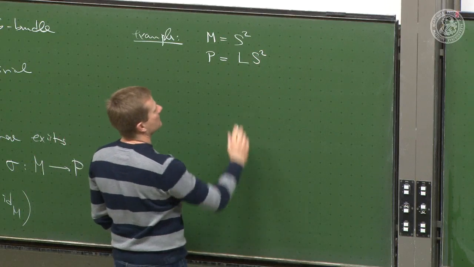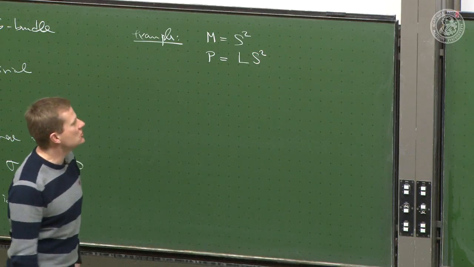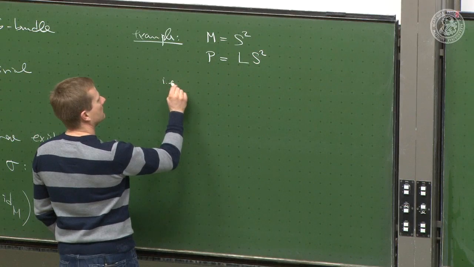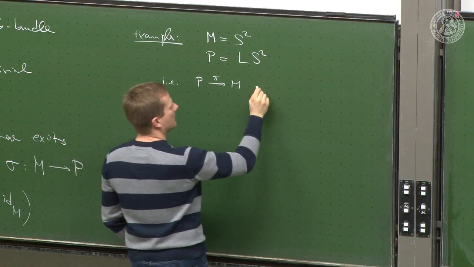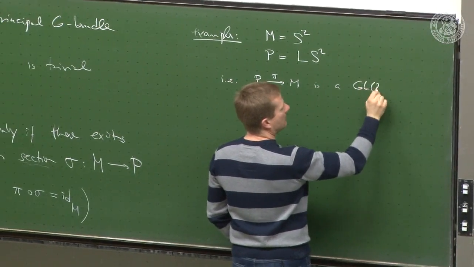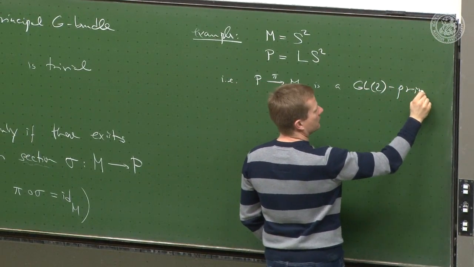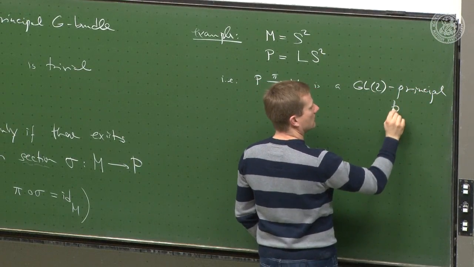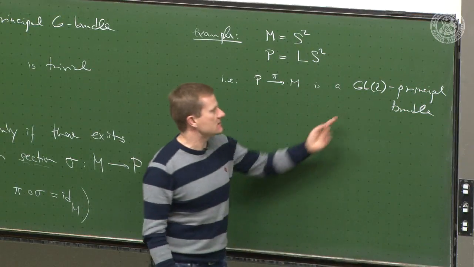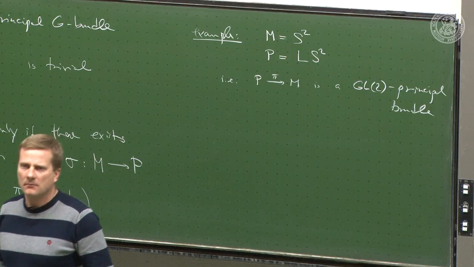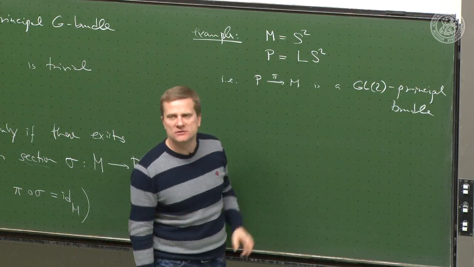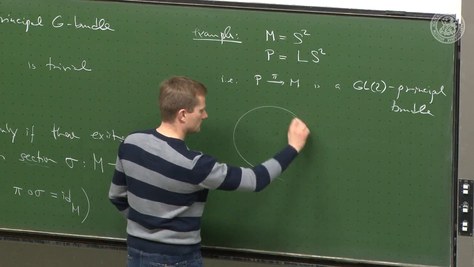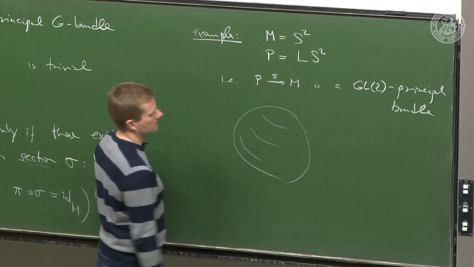Because the frame bundle is a GL2 principal bundle, that is P down to M, because every frame bundle is a GL dim M principal bundle, as we saw before today. And now we look at the particular case of a two-sphere. Okay?